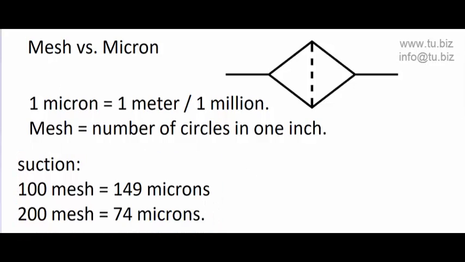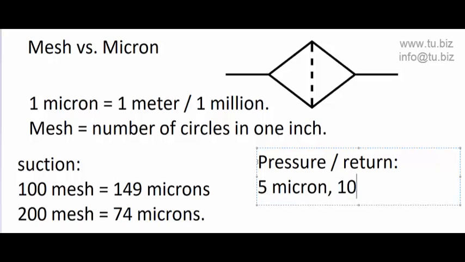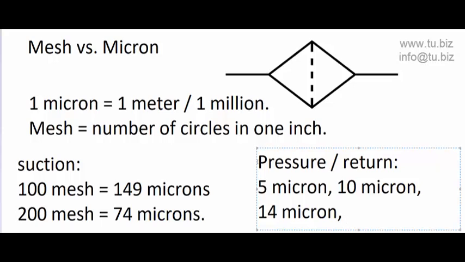Now check this out. If we go to the pressure and return line, on the pressure and return line we're usually talking about 5 micron, 10 micron, we can be talking about 14 micron and 25 micron.